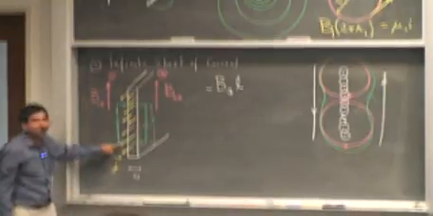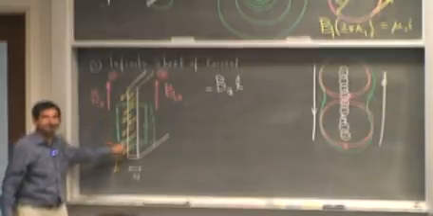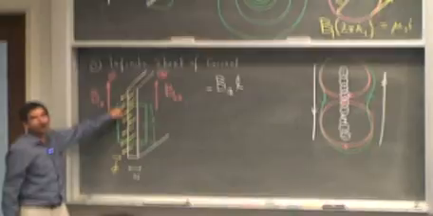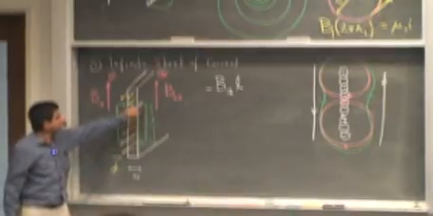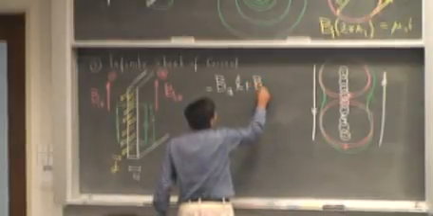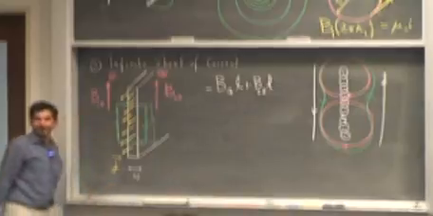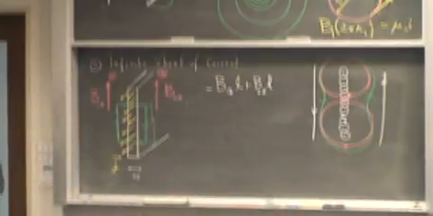So the dot product of the magnetic field, whatever it is, it's only a Z component, with this path is 0. With this path the dot product is also 0. And here it's non-zero, and it's going to be B2Z L. Correct?